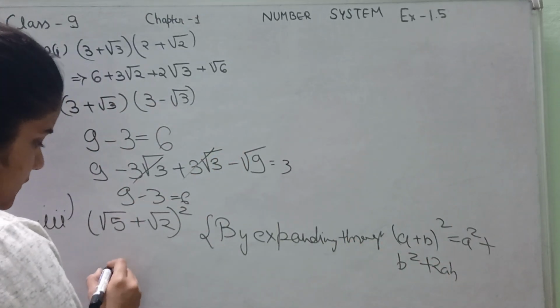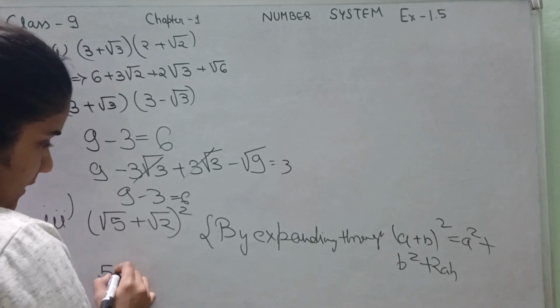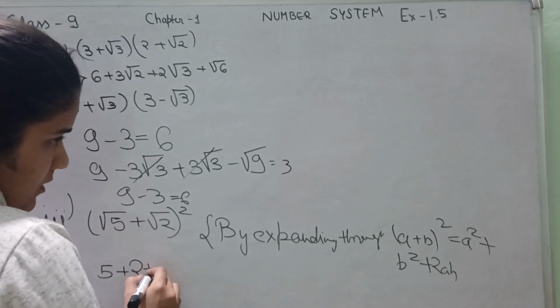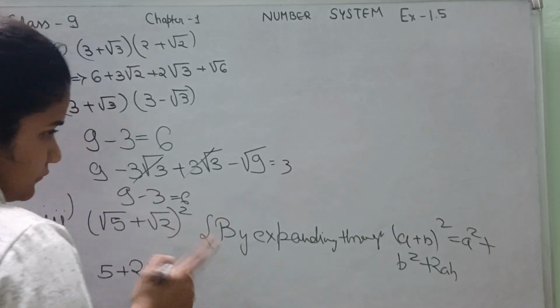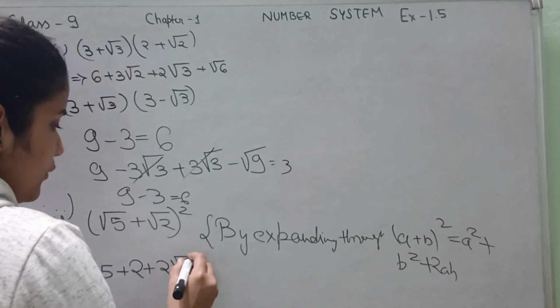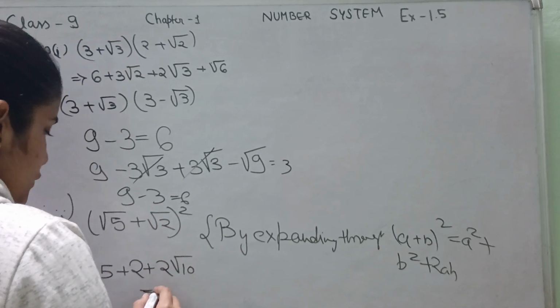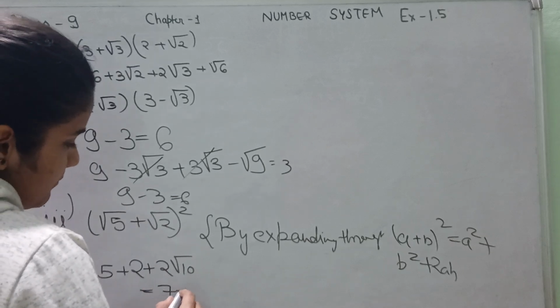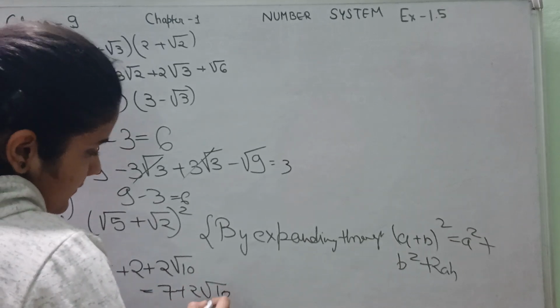So A square, which is 5, plus B square, which is 2, plus 2AB, root 5 root 2, 2 root 10. Okay, so this comes to be 7 plus 2 root 10. This is your answer.